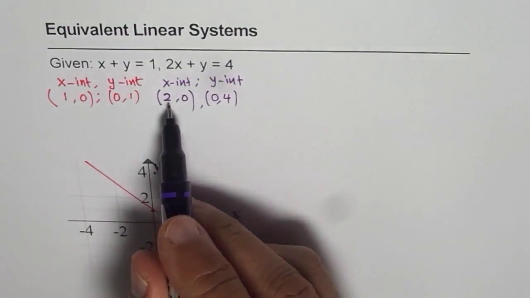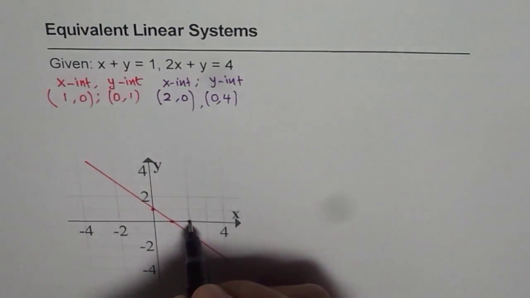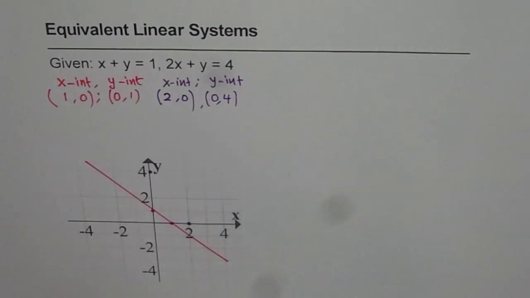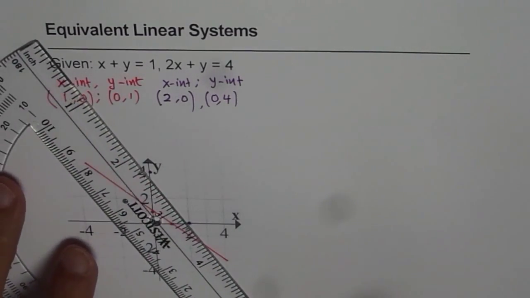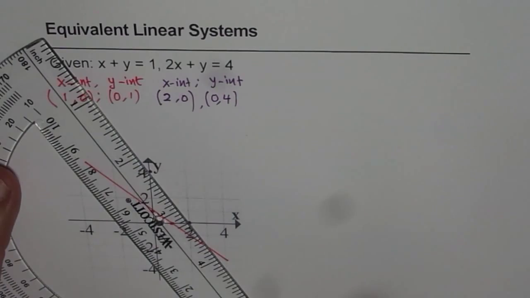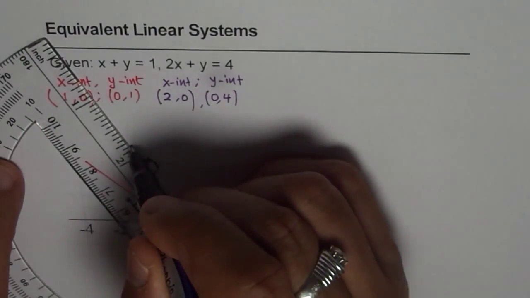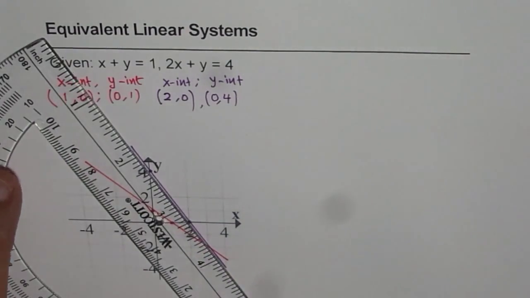So these are the 2 points, 2 for the x-intercept and 4 for the y-intercept. If I join these 2 points, I get the second line, and that line is a part of our linear system. Here it is.